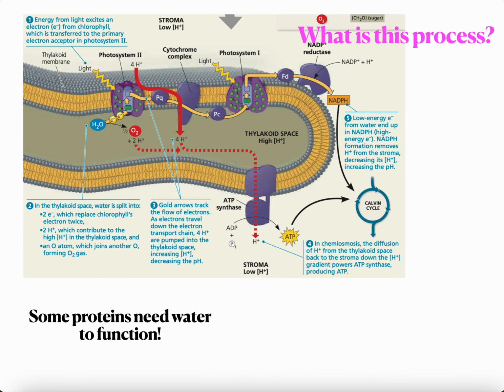Another thing that water contributes, before we talk about that, let's first look at this diagram and remind ourselves of the process that it represents. So what is this process? Take a moment to think about it and pause. All right, hopefully you've got it. We see that this is a thylakoid space and this is the stroma, which hints that this process happens in the chloroplast.